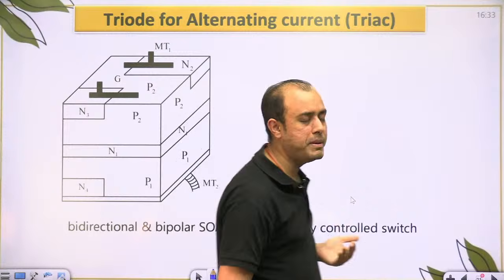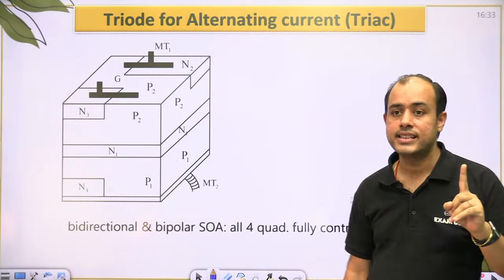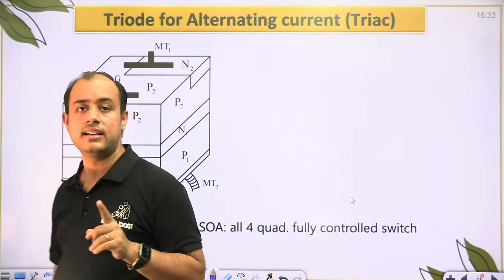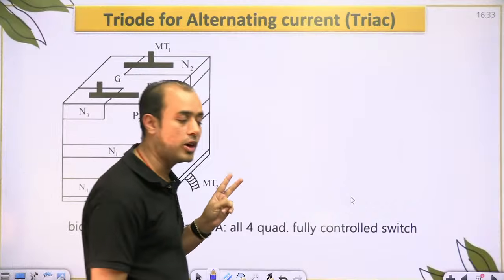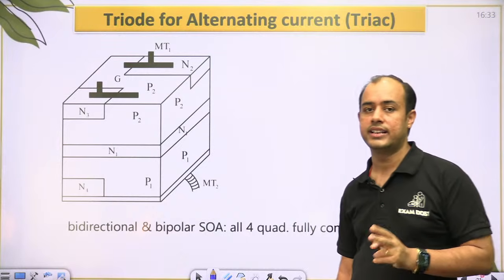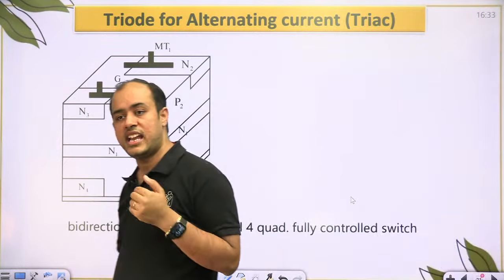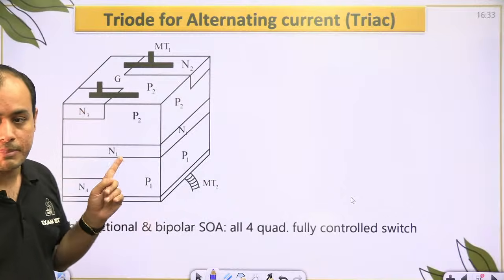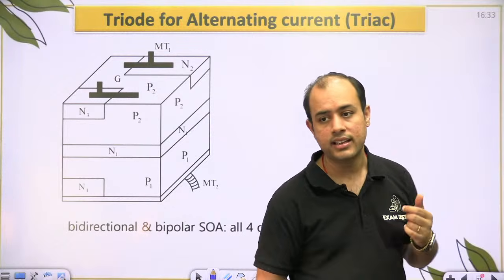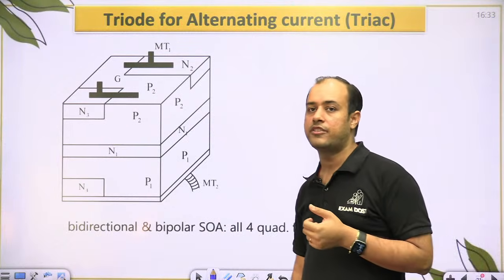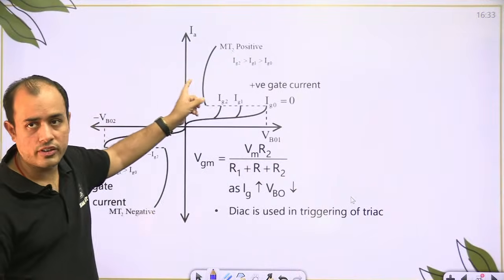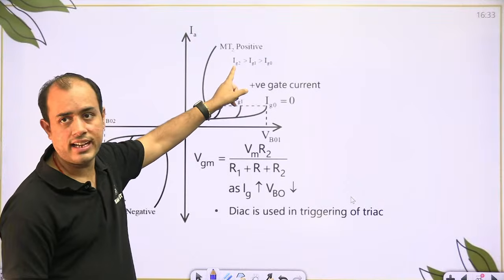That means in the two PN-PN structure, for one SCR, P region will act as a gate which needs a positive gate current, and N will act as a gate for the other thyristor which will need a negative gate current. तो पॉजिटिव गेट करंट से एक पीएन स्ट्रक्चर को चालू करते हैं क्योंकि पी से जुड़ा है, और दूसरे का गेट एन है, तो वहां पे गेट एन से जुड़ा है, तो नेगेटिव गेट करंट से चालू किया जाता है. So if you want to conduct in the forward direction, you need positive gate current.